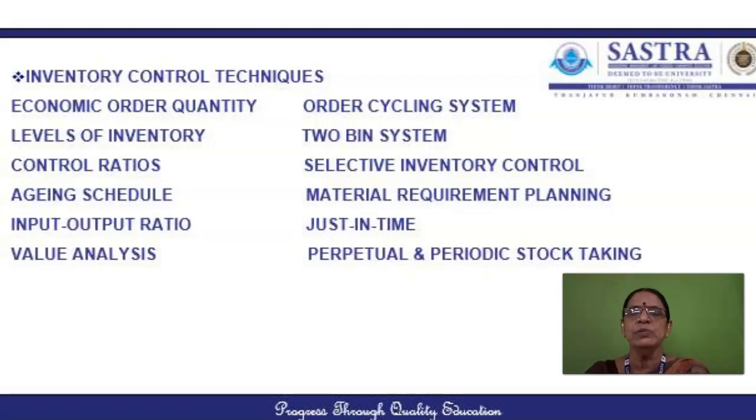In case of Q system, the role of safety stock is only to provide protection against variations in demand, whereas in P system it also covers the lead time demand as well as the demand fluctuations during the review period.